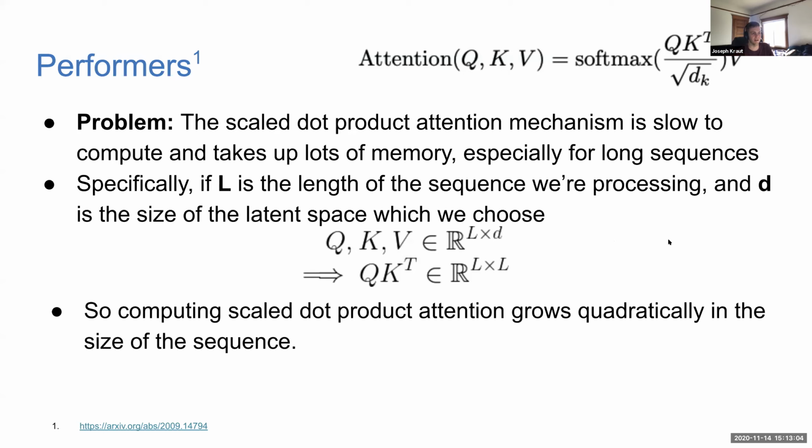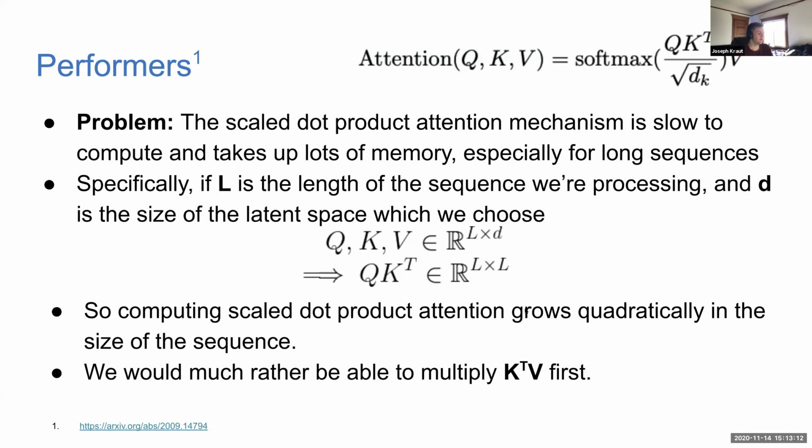That's pretty bad, right? We don't want the amount of computation to depend so heavily on how long the sequence is. It would be much more helpful if we can multiply K transpose times V first. That's a D by L times L by D matrix, which would give us a D by D matrix output instead of an L by L. So it's much smaller, much easier to compute.